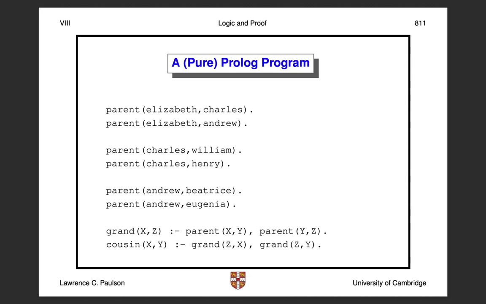For X to be the grandparent of Z, it is enough for there to be some Y that lies between them, so to speak. A similar thing is happening with the cousin relation. For X and Y to be cousins, it is sufficient for there to be some Z, otherwise unconstrained, that is the grandparent of both X and Y.